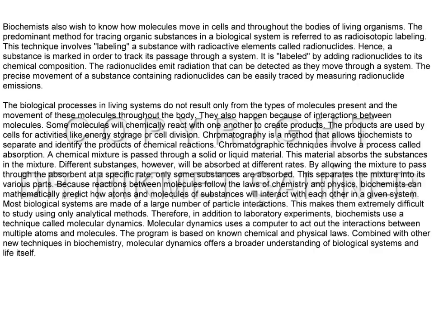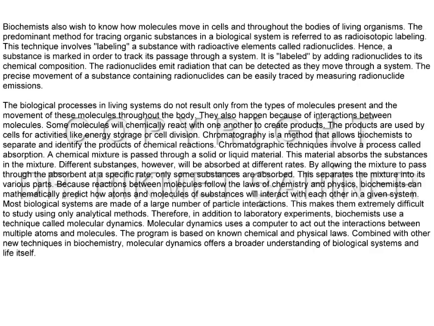Biochemists also wish to know how molecules move in cells and throughout the bodies of living organisms. The predominant method for tracing organic substances in a biological system is referred to as radioisotopic labeling. This technique involves labeling a substance with radioactive elements called radionuclides.